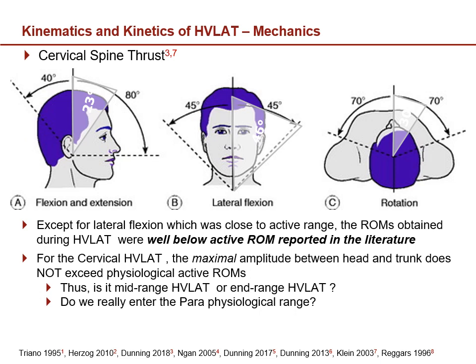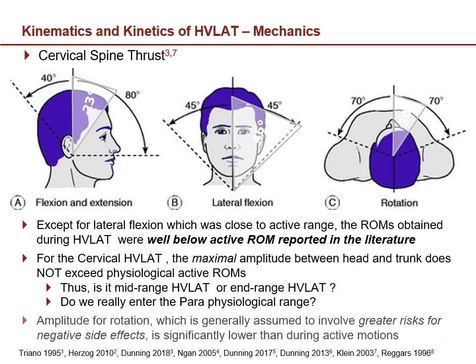The reason why paraphysiological ranges are maybe unwarranted, one, is patient comfort, not only within the moment but thereafter. It can leave you sore when you go beyond the paraphysiological ranges. And then also there's further question as far as the safety when you do enter those ranges, more so than the ranges the person is otherwise accessing. Amplitude of rotation, which is generally assumed to involve greater risks for negative side effects, is significantly lower during active motions.